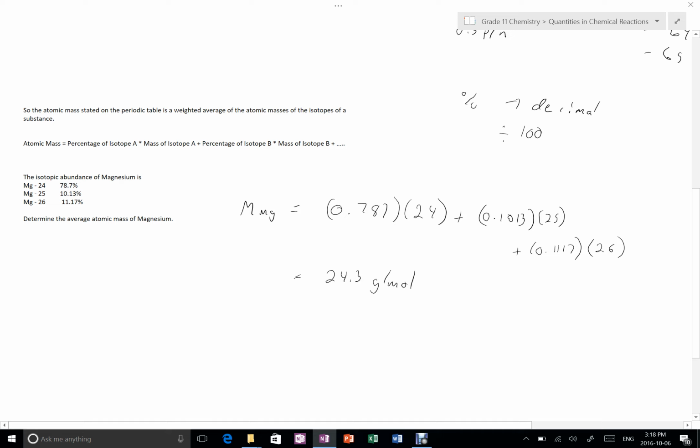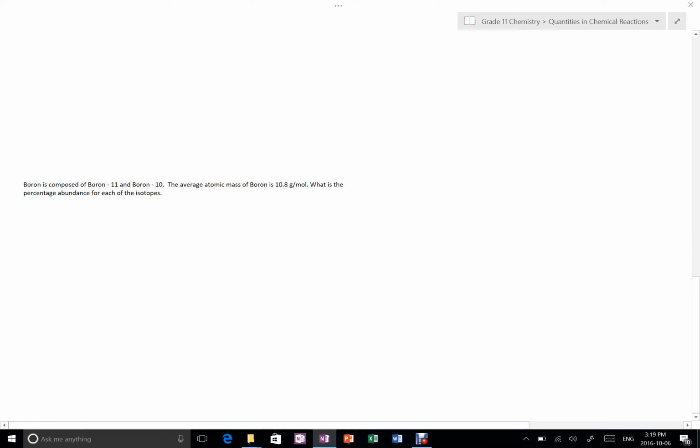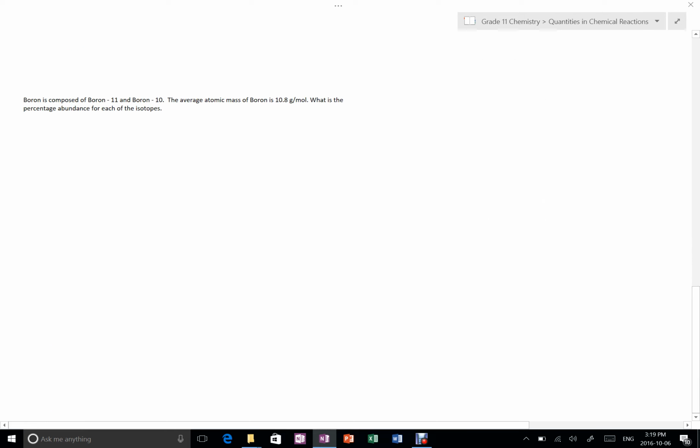If you look on the periodic table, that's what you're going to get, and that's why. It's not that you have a third of a neutron or proton. It's that you really have all these things and they're all mixed together, so when you measure the mass, you're getting the average result of that, not the mass of any one of them.